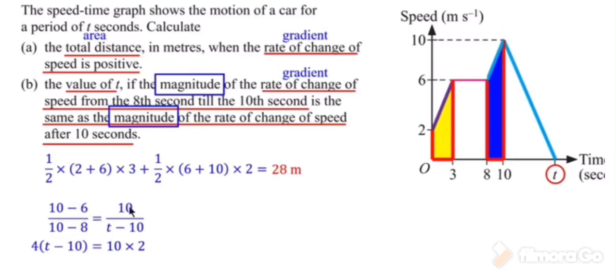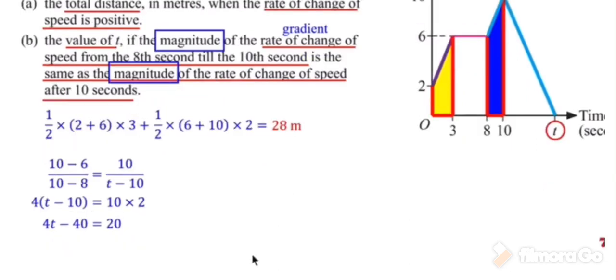Then you do expansion. 4t minus 40 equals 20. So 4t equals 60. Then t equals 60 divided by 4. So t is 15. So your answer should be bigger than 10, because t is to the right of 10.